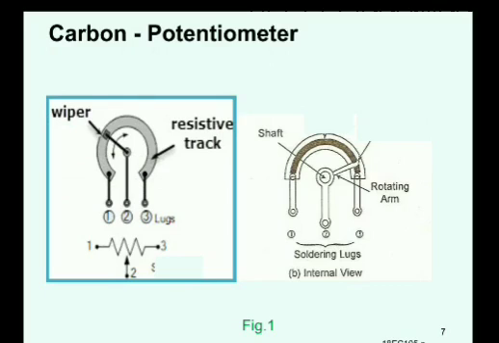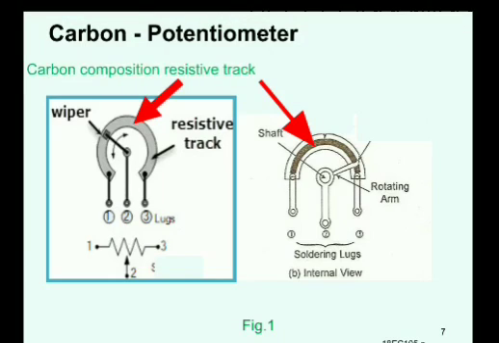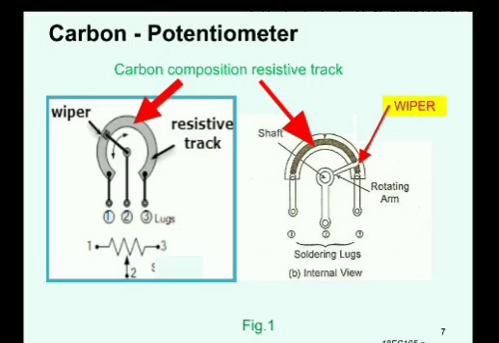You have terminals 1, 2 and 3. The arrow is showing you the carbon composition resistor track laid on the circular track on a high-low sheet. So that is a carbon composition resistor track, and you have a wiper in both the figures, you can see.